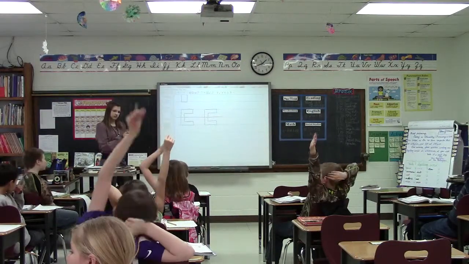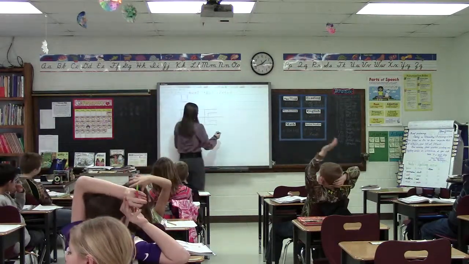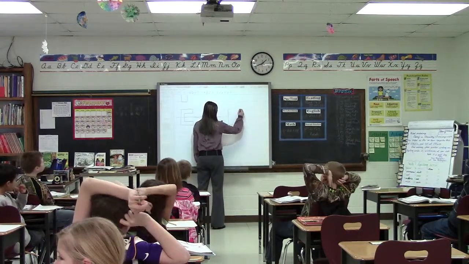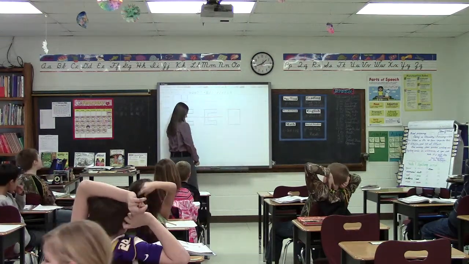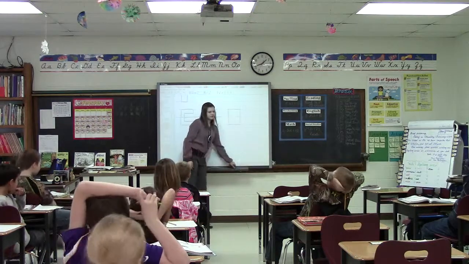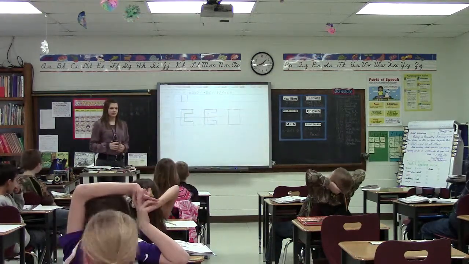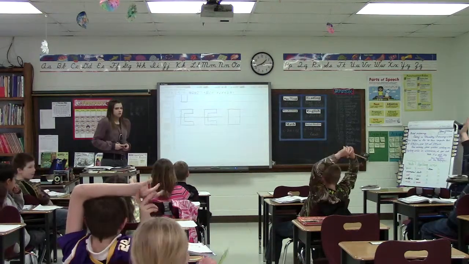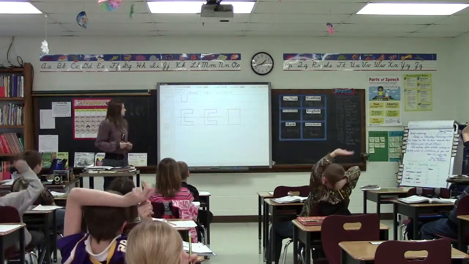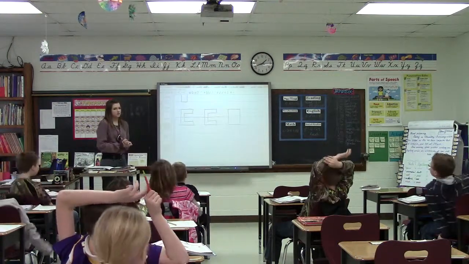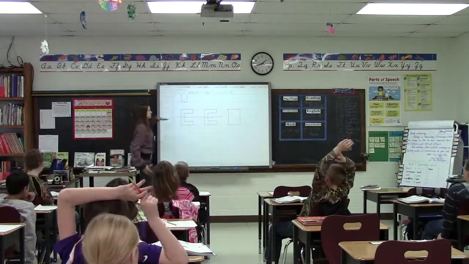Anybody else think of another letter? Riley? O? Okay. The O is kind of special. So where could we cut that one? Riley, where could we cut that one to make it this way?